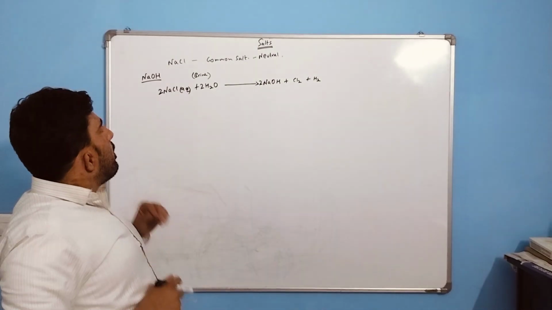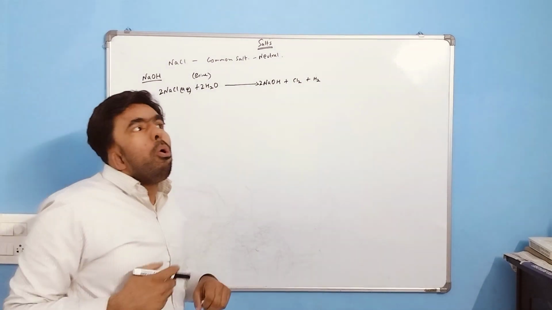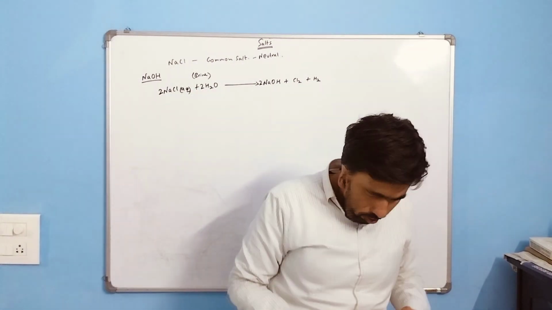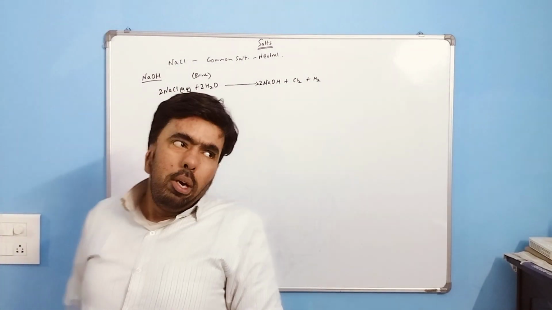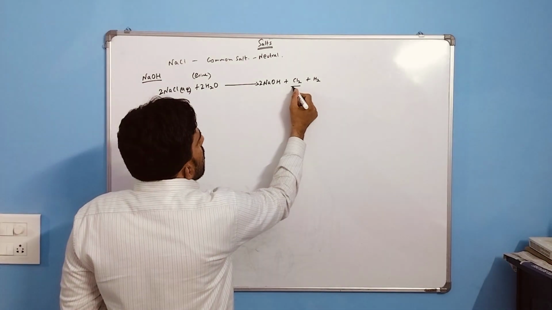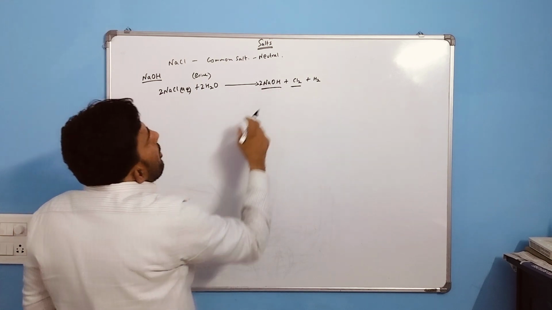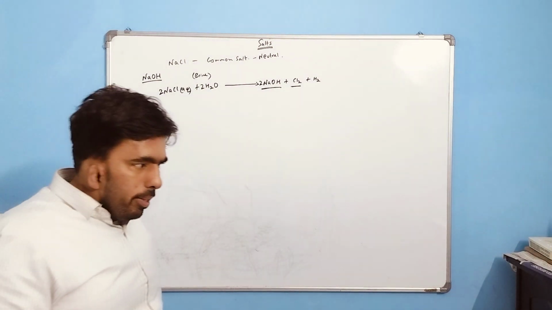So this process is called the chlor-alkali process. I will tell you why. Because here chlorine is produced and alkali is produced. Alkali means water soluble base.